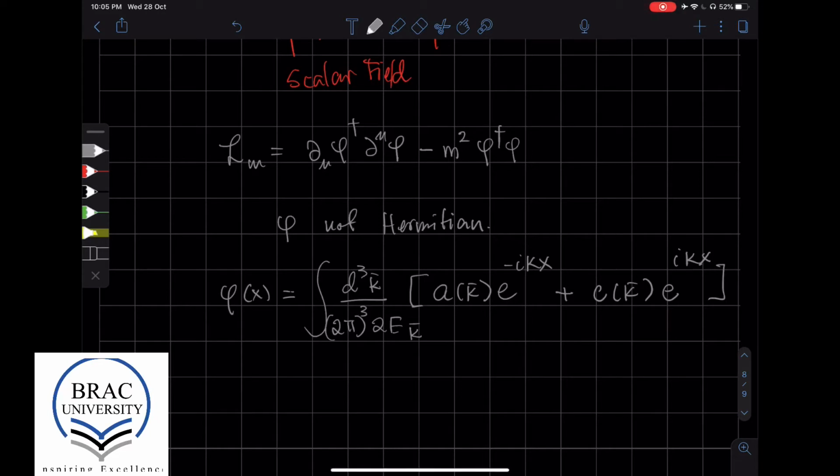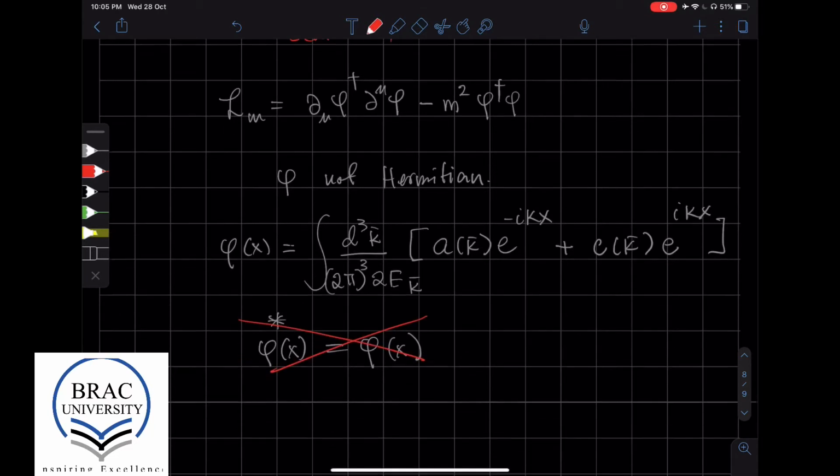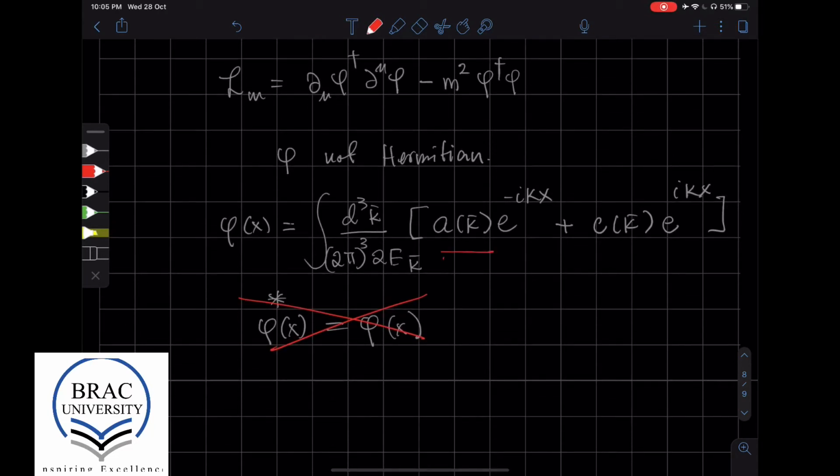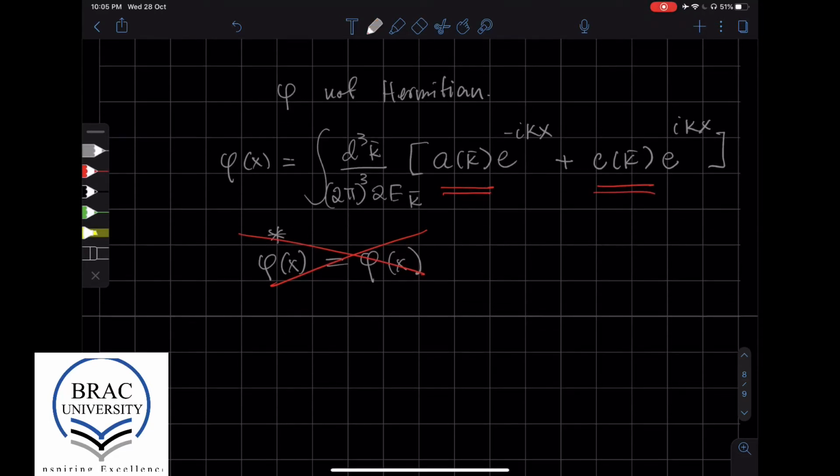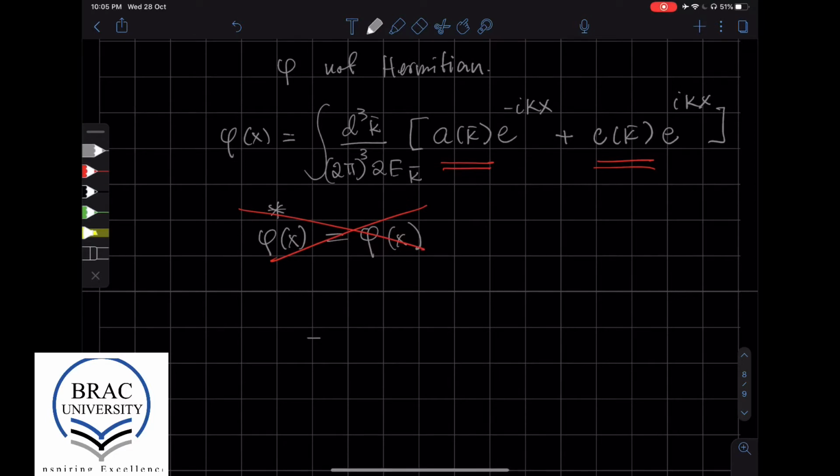Now, because we are not required to impose the reality condition on this scalar field, because it is not real, this coefficient and this coefficient need not be the same. But a careful analysis of this theory shows that while a will have an interpretation of an annihilation operator, this one will have an interpretation as a creation operator.